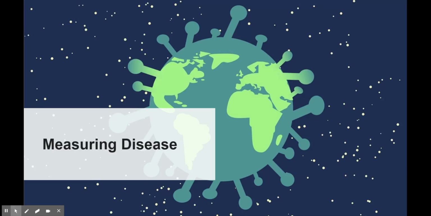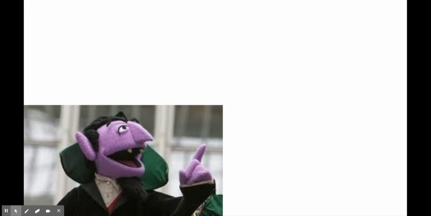We want to count diseases so that we can understand patterns of spread, geographic clustering, who's getting sick more than others, etc. And to do that, we need a way of measuring the amount of disease, and in this case, the amount of COVID-19 spreading around the world. So we are counting, get it?